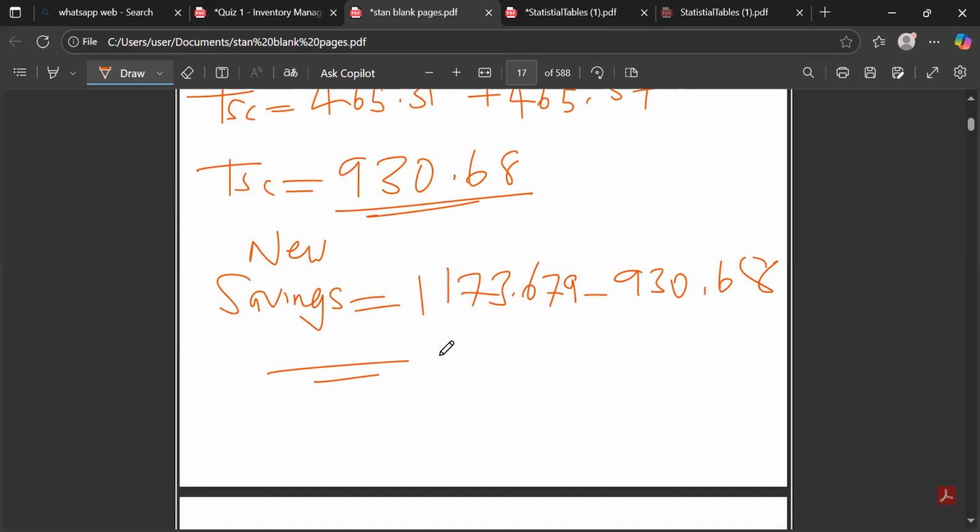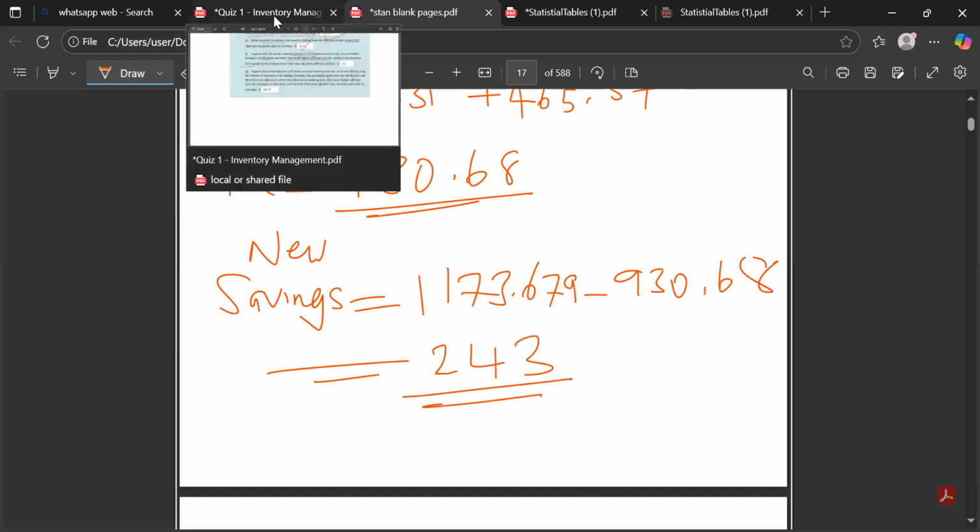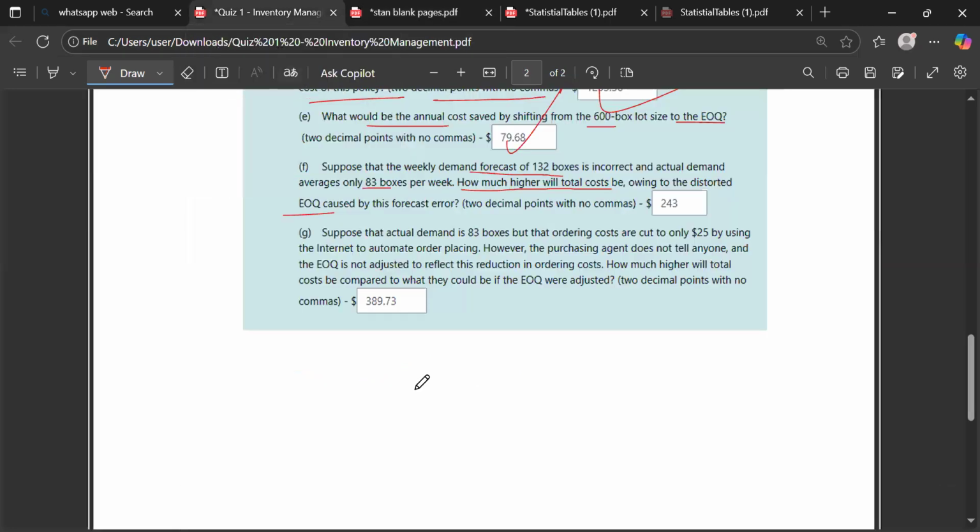So it's giving us approximately 243, rounded to the whole number. So let's say 243 we found here.